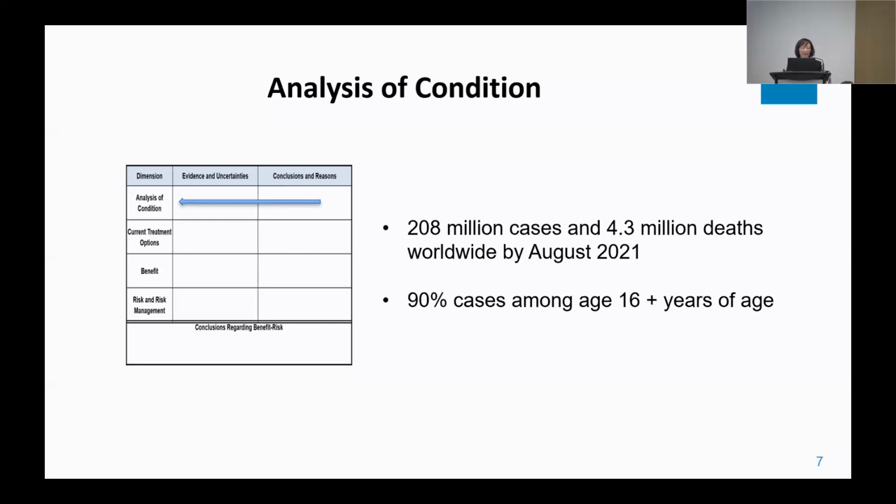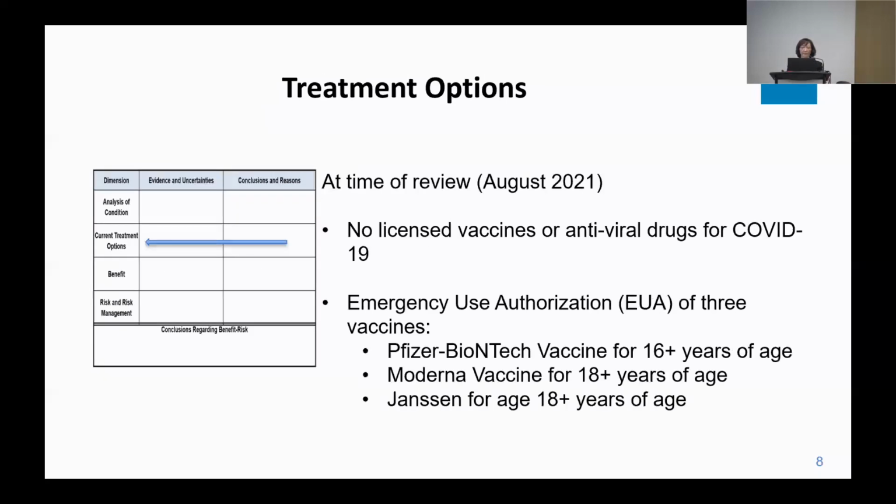Among them, 90% of the cases occurred in those aged 16 years and older. So at that time, when we reviewed this BLA, no licensed vaccine had been approved, and there was no approved drug for treatment of COVID-19. And there were 3 vaccines under emergency use authorization.